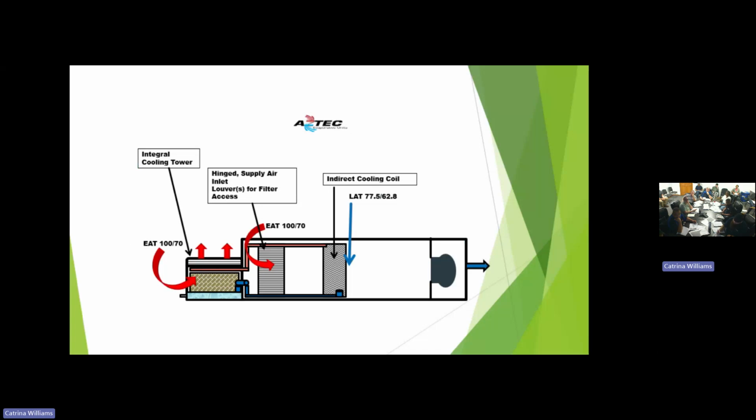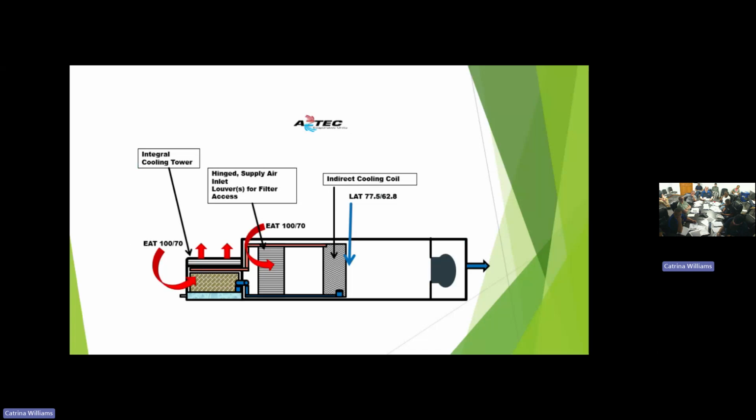In essence, a cooling coil. And then the air goes through that, because the supply air comes in here for the unit. We have supply air. The inlet goes through this cooling coil, 100/70, so 30-degree depression again. Leaves at 77.5.